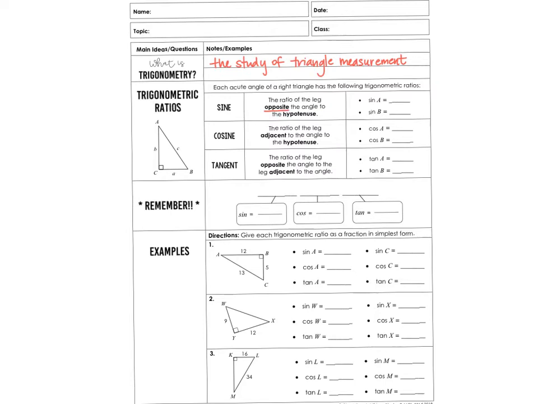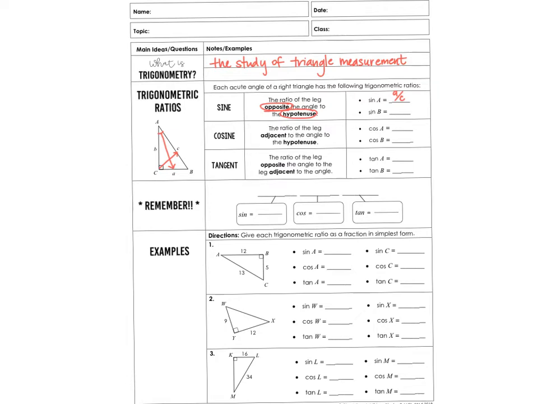So the sine of angle A is opposite over hypotenuse. The opposite of angle A is the side length A over the hypotenuse. Remember, the hypotenuse is always across from the right angle, so C, so over C.